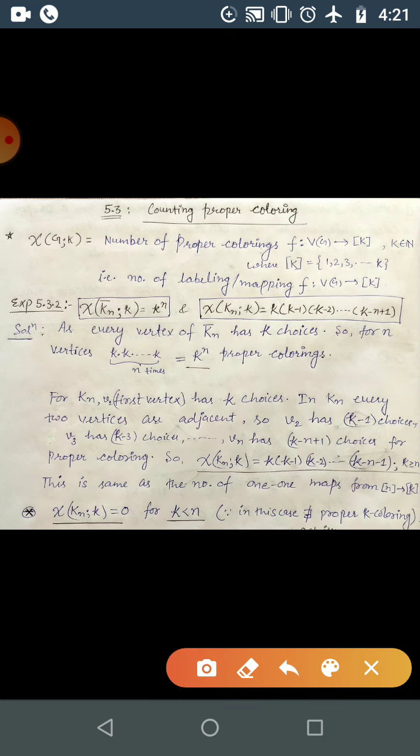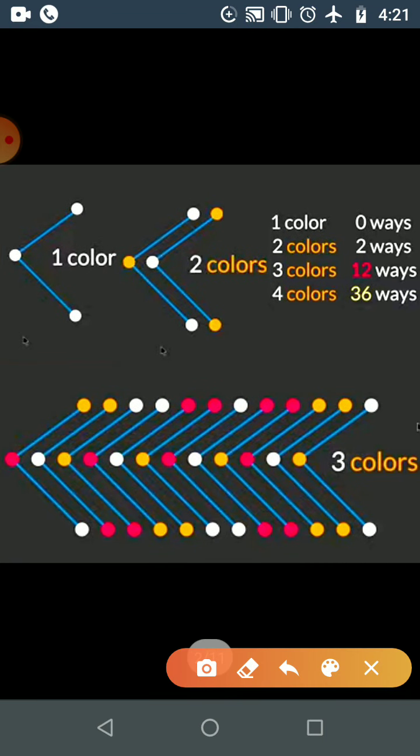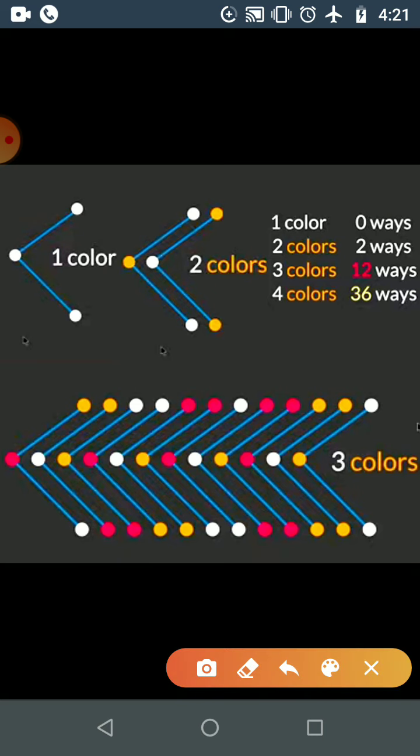So here suppose you are given P3, suppose P3 is this one. If you are given one color, can you do a proper coloring? No, because whenever you have an edge in the graph you need at least two colors.